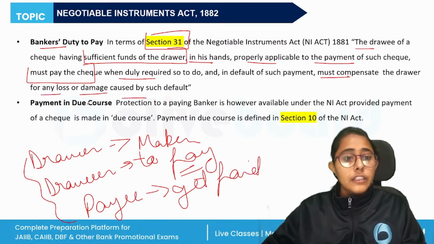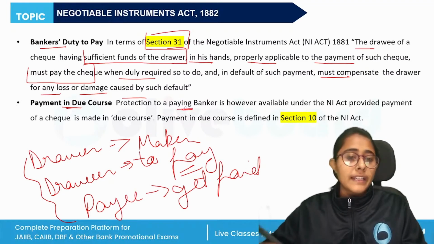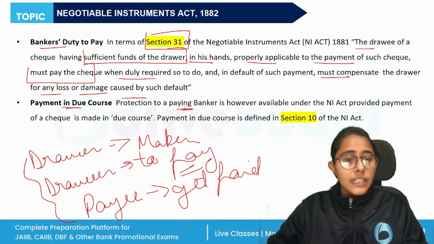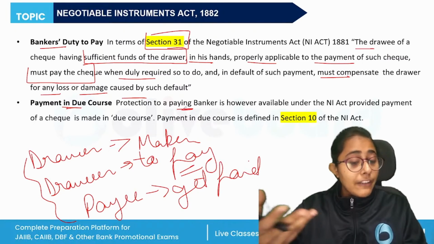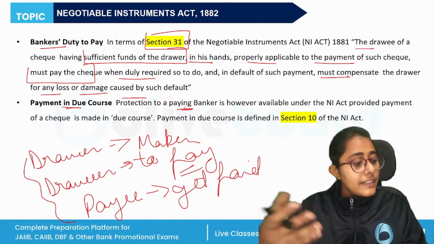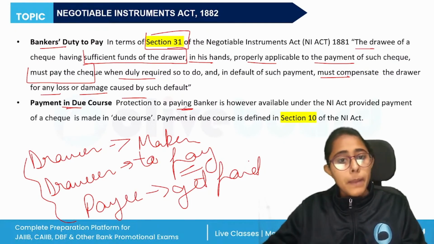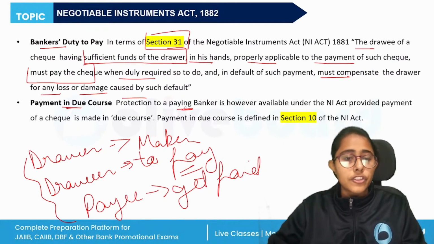Then payment in due course. If the payment is done in due course, then the paying banker will be provided protection. If, let's say, the banker had taken all the necessary precautions and due diligence, had seen the apparent tenor, had seen the person was in the rightful possession of the instrument, but because of any material alteration that was not apparent, it was not the fault of the bank, then they will be provided protection.